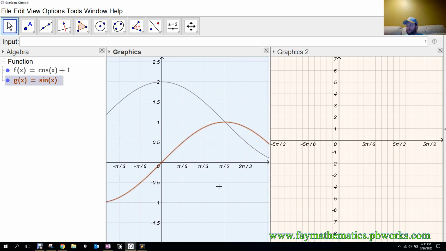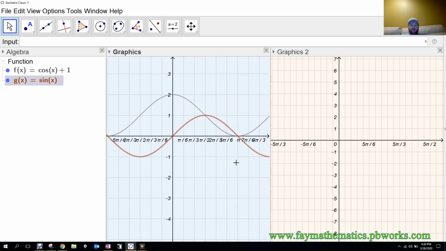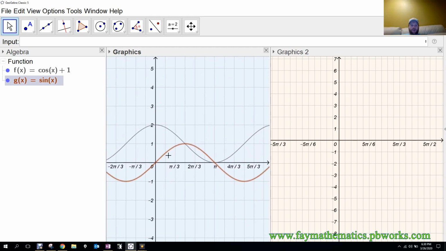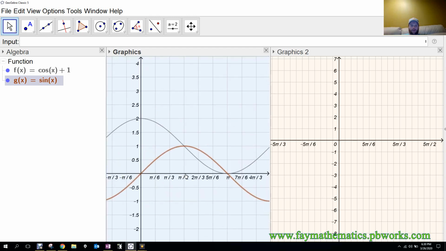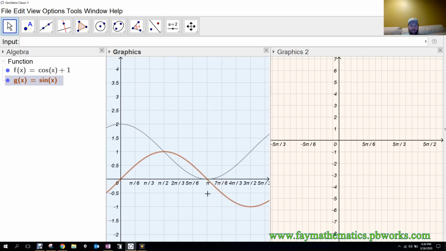Let me zoom out a little bit. That gives us those 2 curves. Okay, and you can see that we're getting pi over 2 as an answer and pi as an answer.